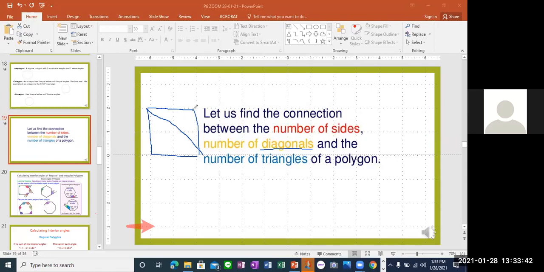Now, if we draw another diagonal across, this time we make 4 triangles. So endlessly, we can do another one. So it would be like this. Of course, the size of the angles would differ. But you have to observe those angles: those are right angles, and you have the right angle there.